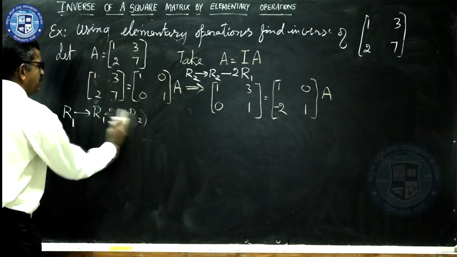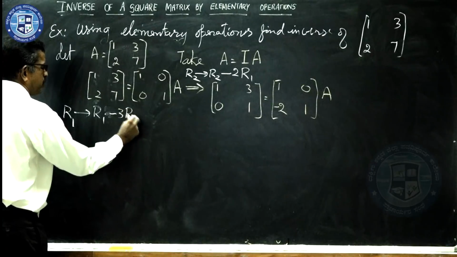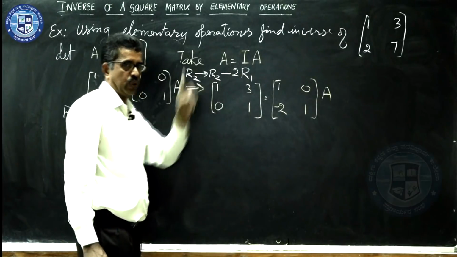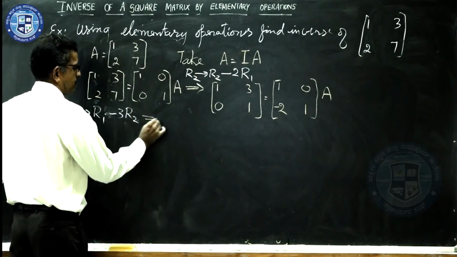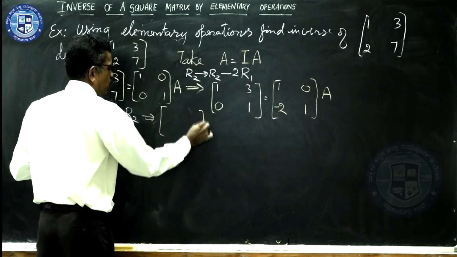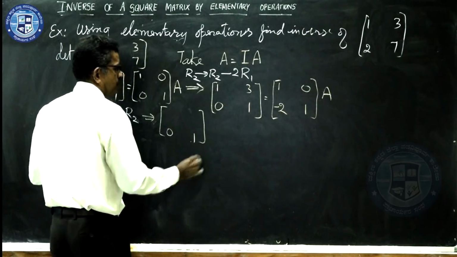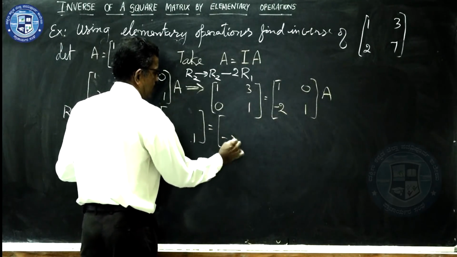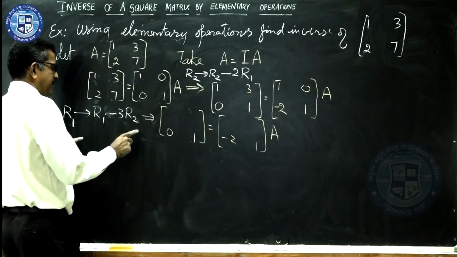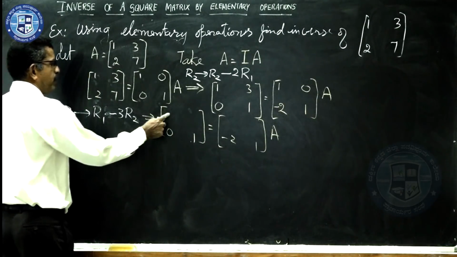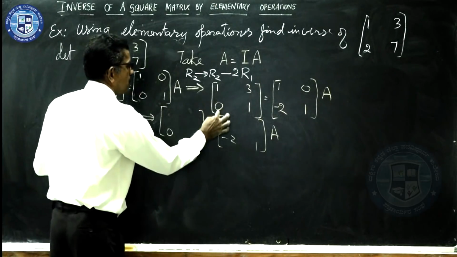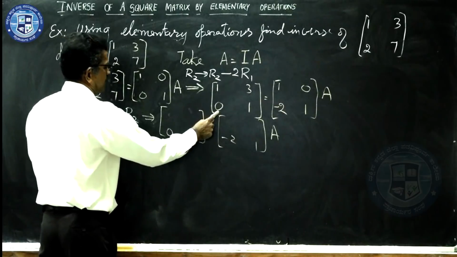Or we may write here R1 minus 3R2, no problem. So this minus 3 times this will give you 0. What do you expect here? First row changed here, second row will not change, therefore I will write the second row, minus 1 into A. Now please tell me, what changes do you expect here? First row minus how many times here? 3 times 0, it is 1.